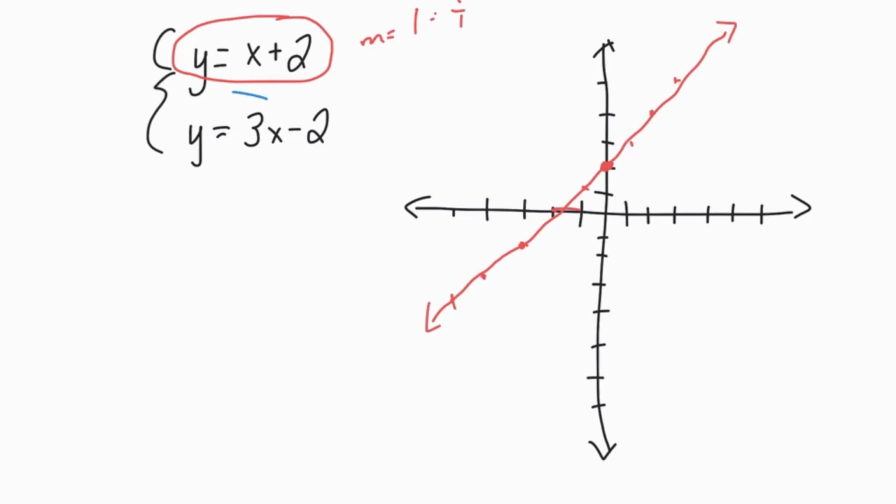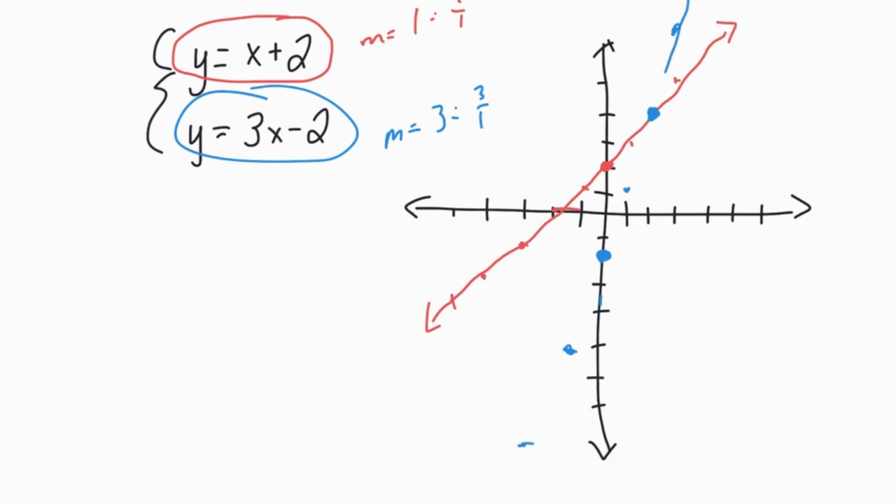Then we're going to be doing this one. So we start at negative 2. And my slope is telling me I go up 3. My m is 3. So to write it as a fraction of rise over run is 3 over 1. So it's up 3, right 1. And I need to continue this, up 3, right 1. And I could continue to go up 3, right 1, and I could go down 3, left 1.